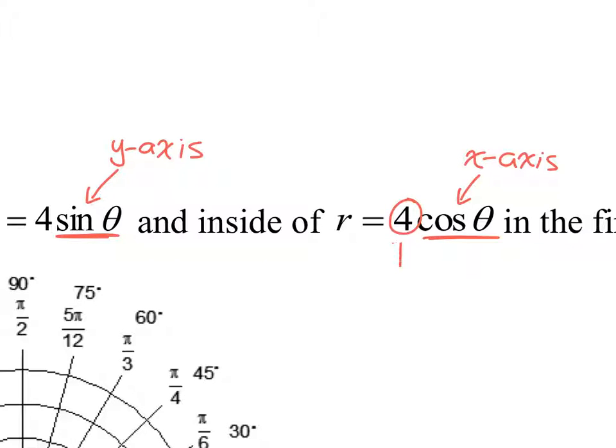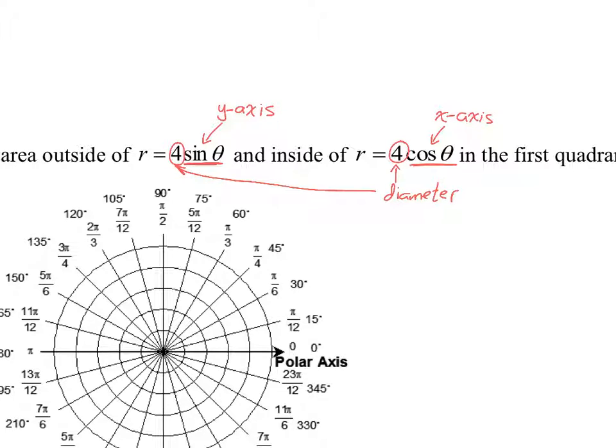And the 4 gives us diameter. So whatever that leading coefficient is will indicate your diameter. So from that, you have some pretty useful characteristics of your circles. First and foremost would be the fact that they are circles. So you would need to know that. But again, the calculator will help you out.